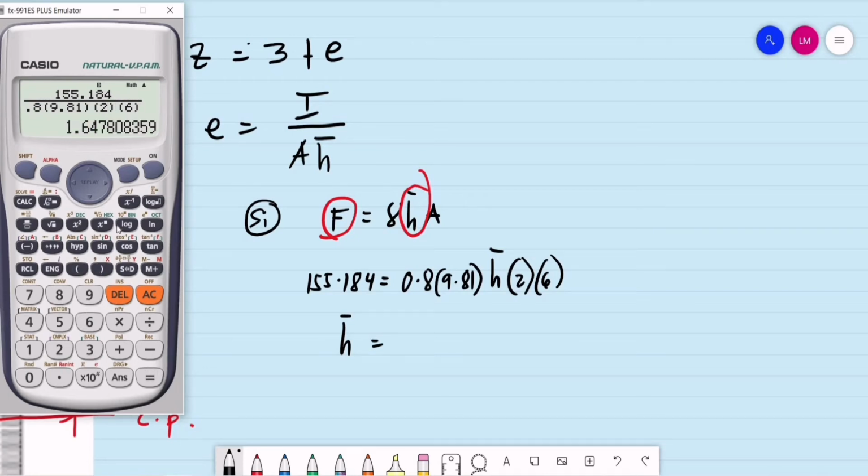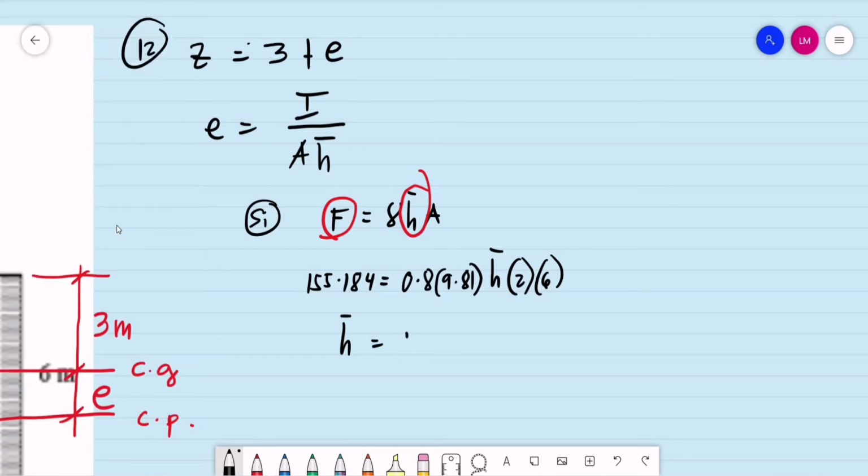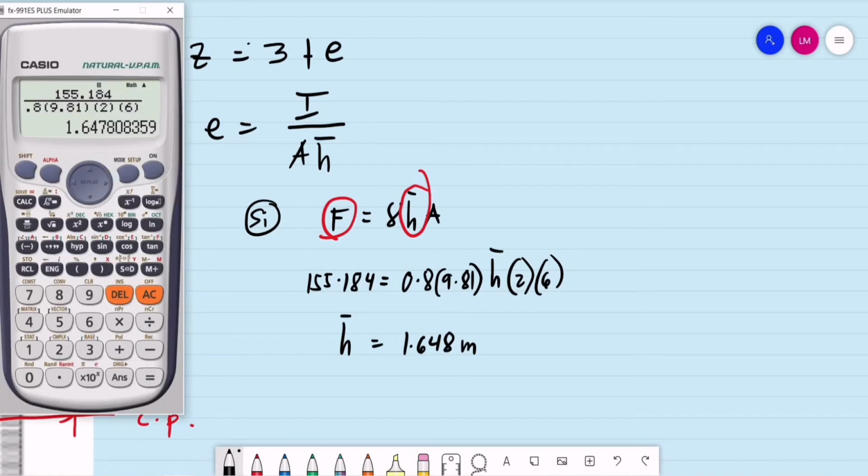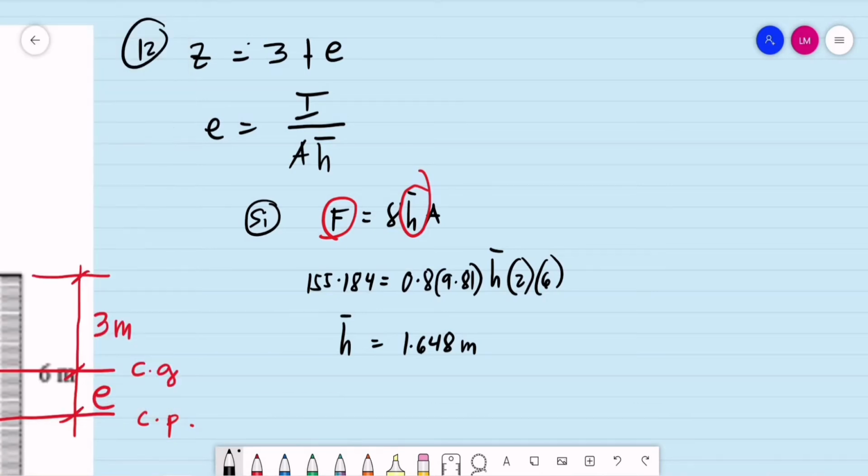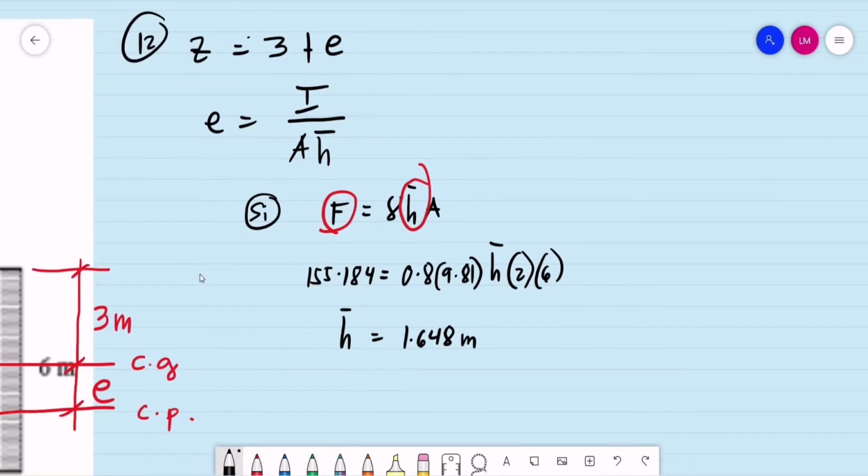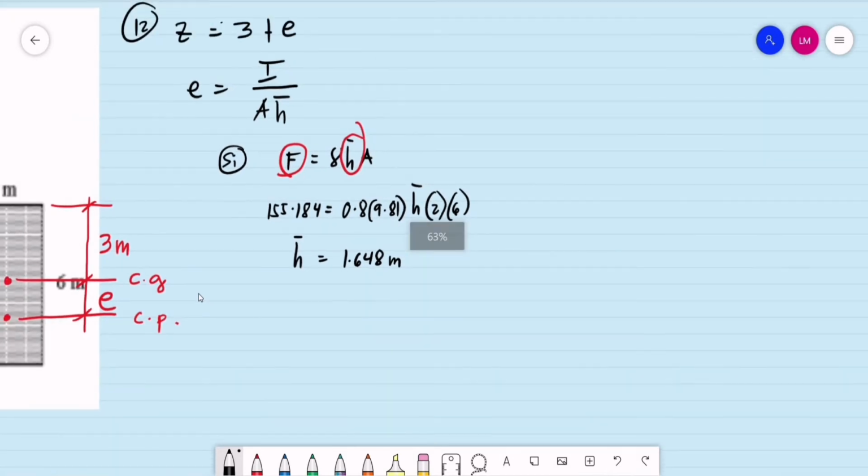So this is equal to 1.648 meters. Okay? So kung meron ka ng equivalent na bar H, pwede mo nang kunin yung equivalent niya na eccentricity.